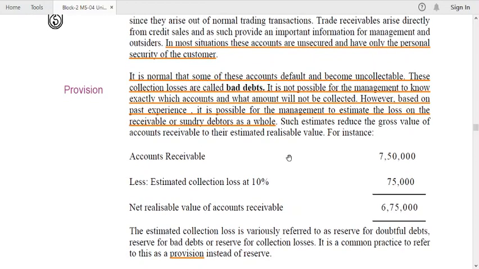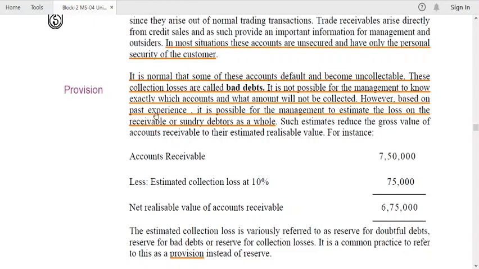The company usually sells items to the vendor on good faith, and normally it receives the maximum of the amount, but sometimes a small portion will not be realized. It is not possible for the management to know exactly which accounts and what amount will not be collected.